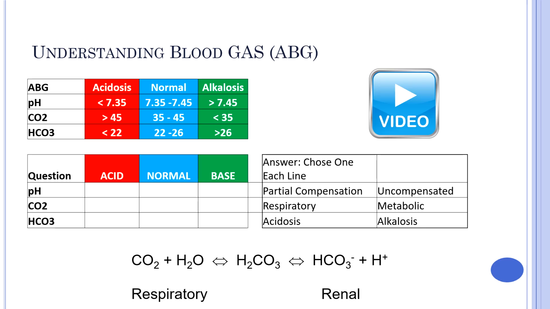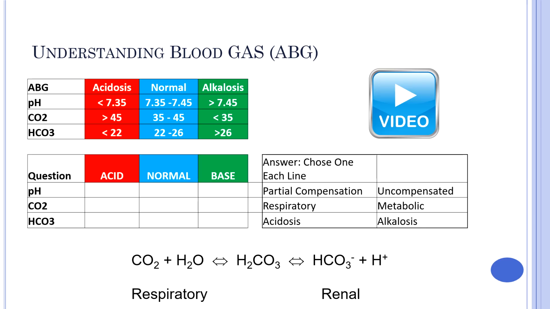Okay, and then we know if the problem is with the CO2, if the CO2 and the pH are both together, either under acid or under base, then we know it's respiratory.